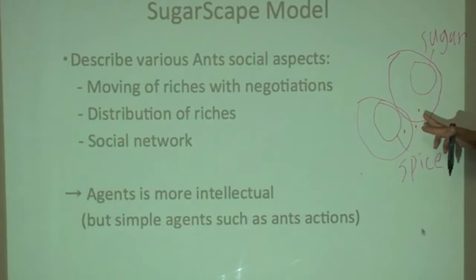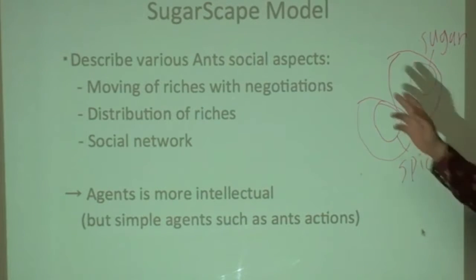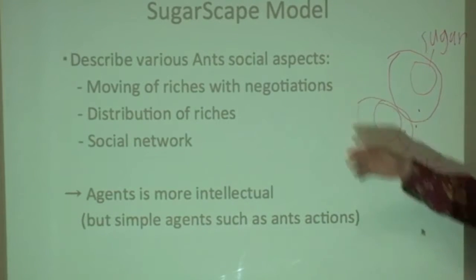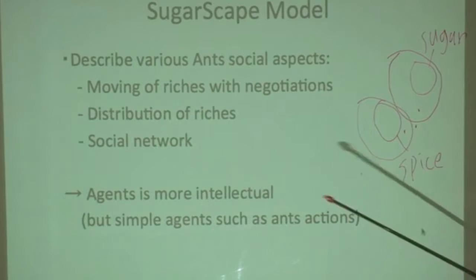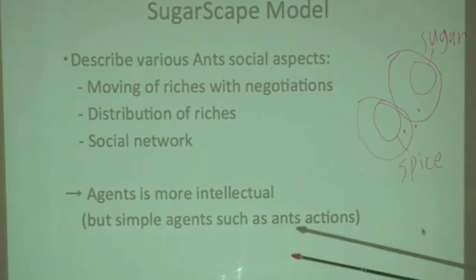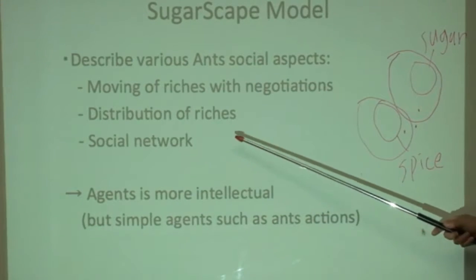So these agents can exchange by negotiation. In this extended model, it can describe such moving of riches and distribution of riches.